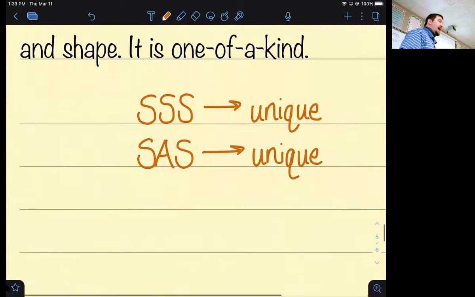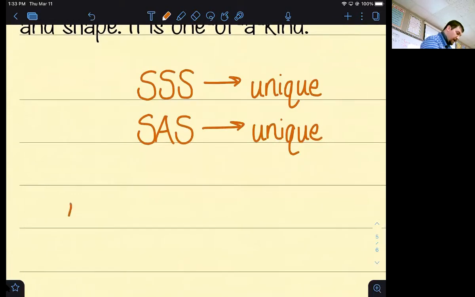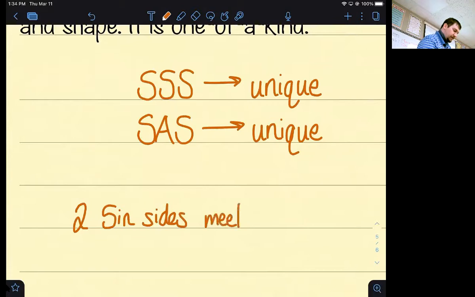Okay, so if you have two sides and the angle between those two sides, it is unique. So if I said that you had let's say two 5-inch sides that met at a 90-degree angle.